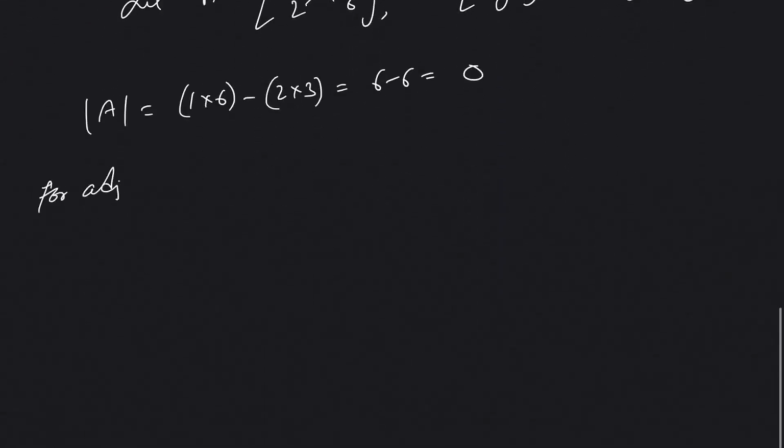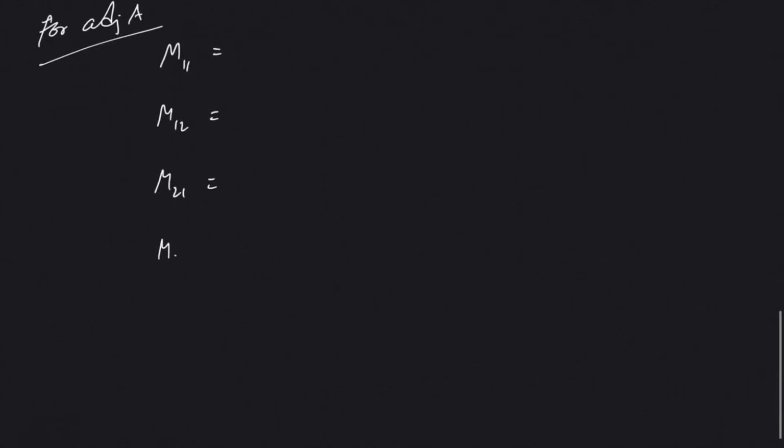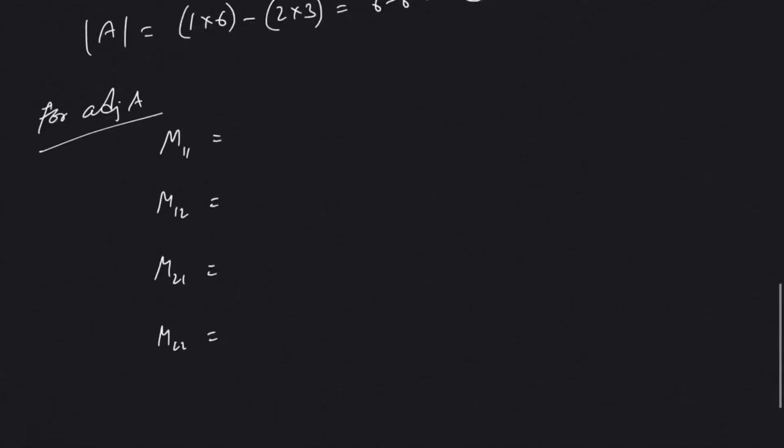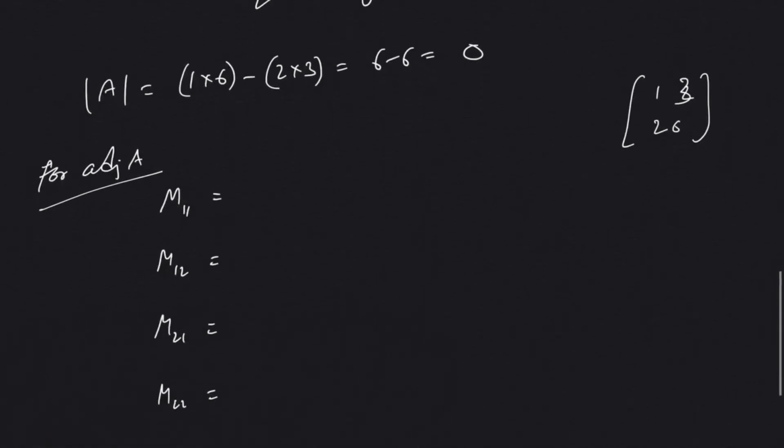For the adjoint of A, remember we will first have to find the minors M11, M12, M21, M22. Let me write down the matrix once again: 1, 3, 2, 6. For M11, ignore the first row and column, so that's going to be 6.